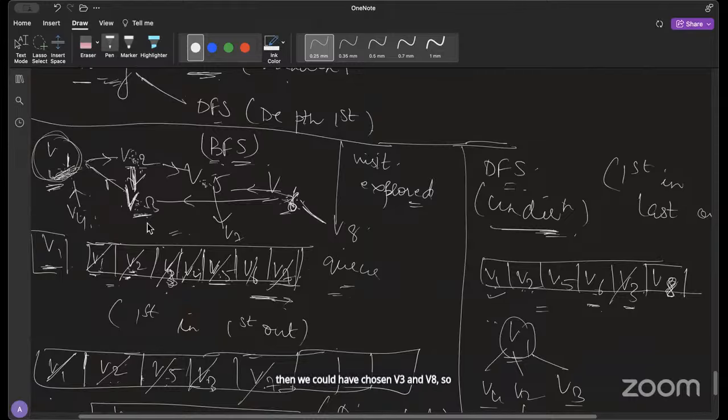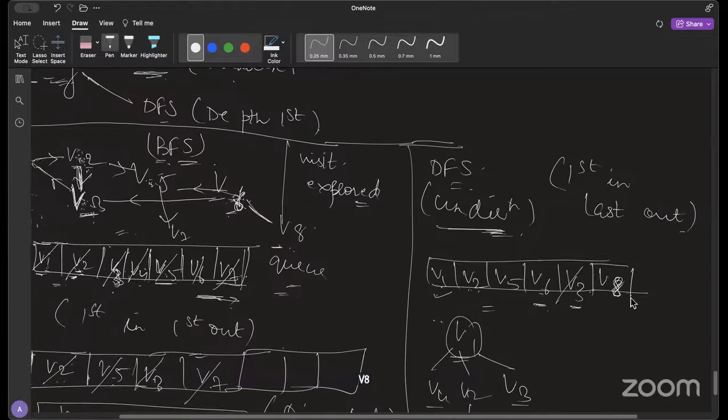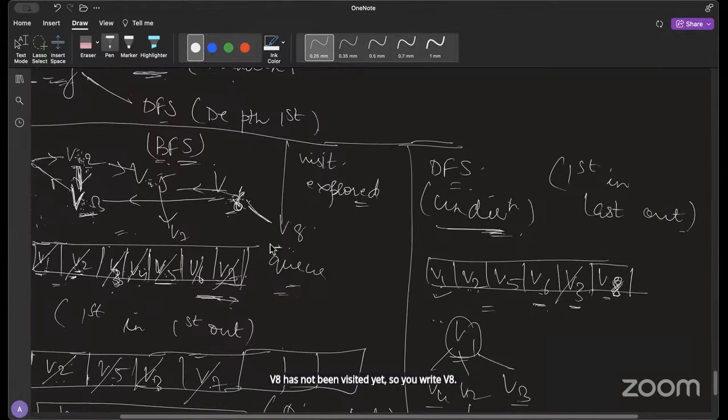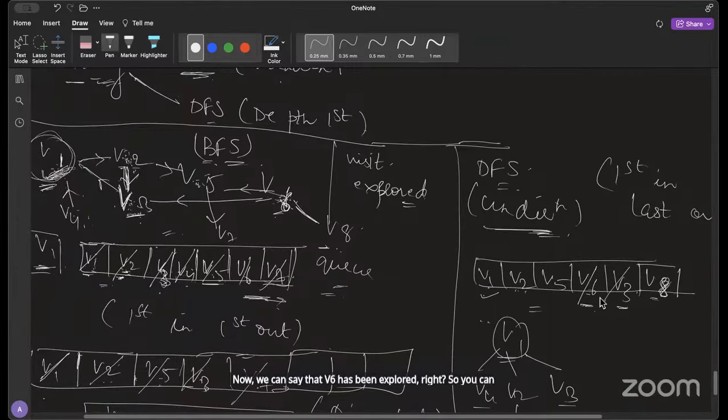So we chose V3, and after V3 there is no new vertex to visit, so we start tracing back. From V3, we go back to V6. But V6 is not yet explored because V8 is left, right? We say a vertex is explored if every vertex directly connected to it has been visited. V8 has not been visited yet. So you write V8. Now we can say that V6 has been explored, right? So you can cancel that then.